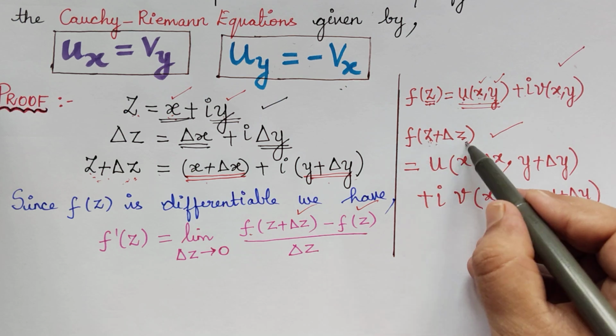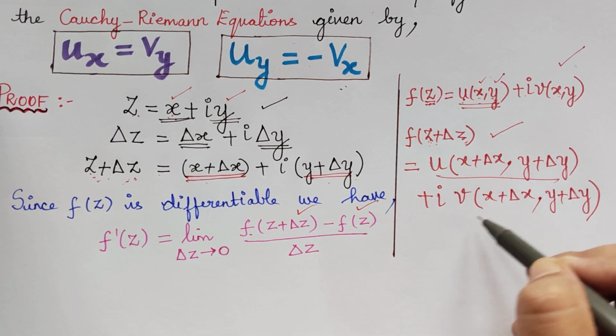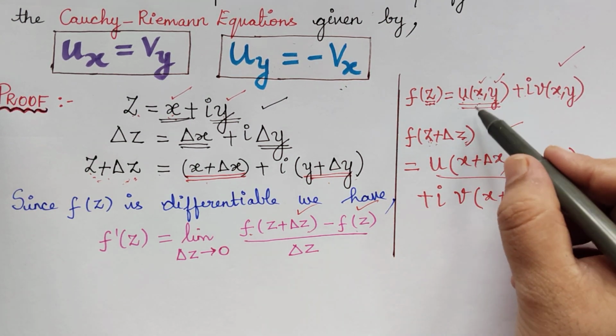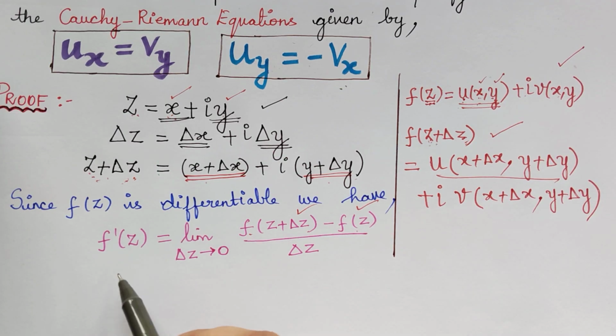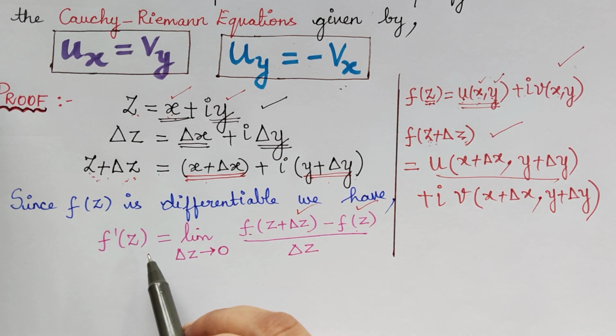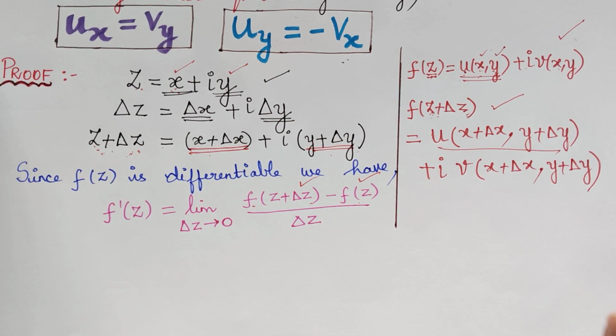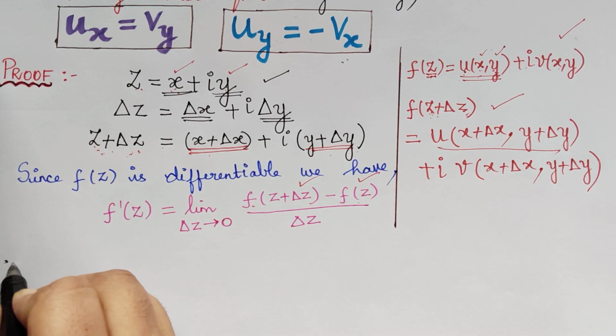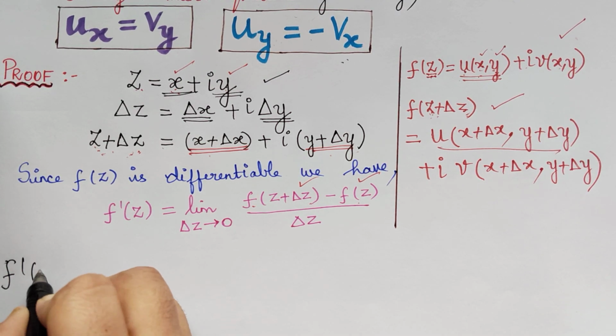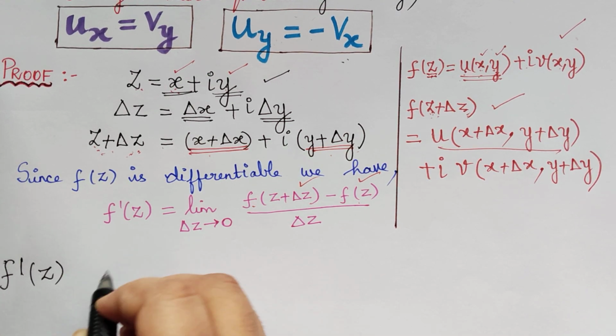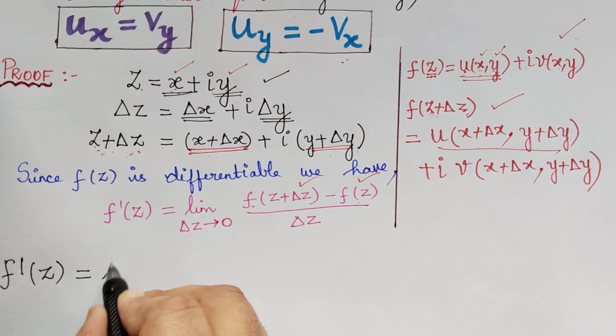That is f of z plus delta z as this, and f of z as this, in this, that is f dash of z. So from this, I will write here f dash of z will be equal to limit.